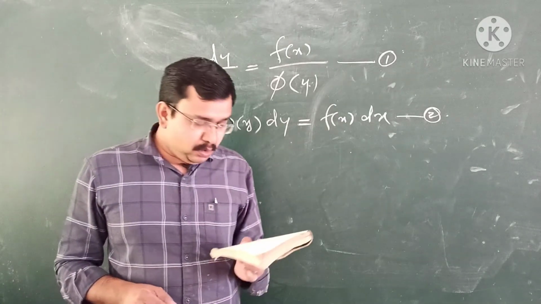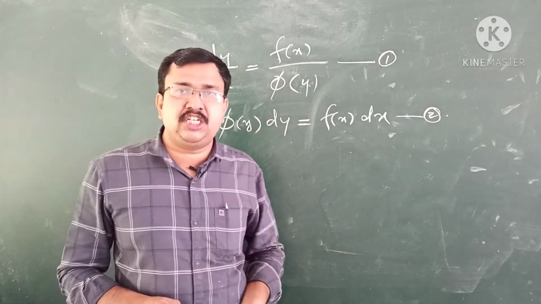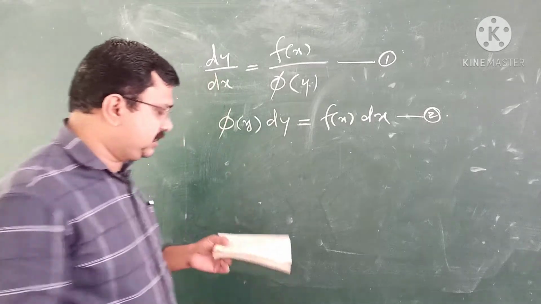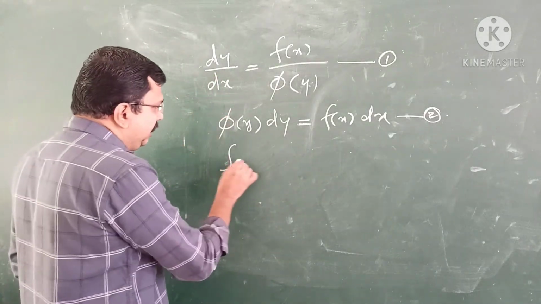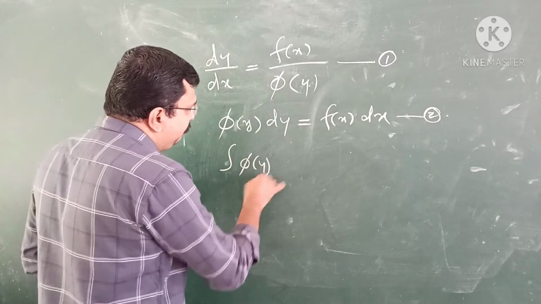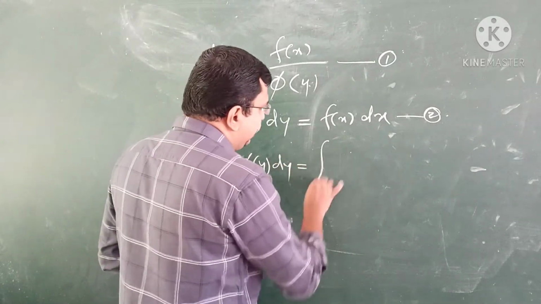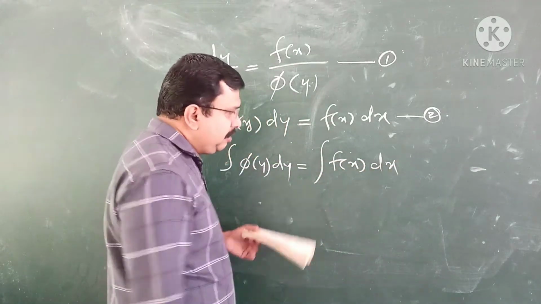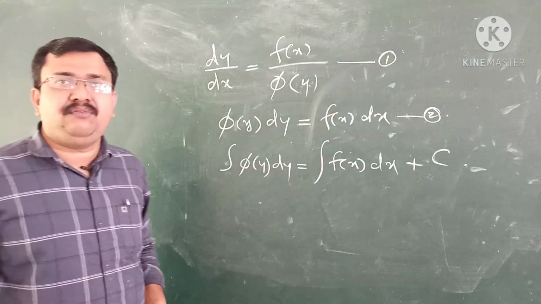Now we integrate both sides: integral of phi of y dy equal to integral of f of x dx plus c, and c is known as the constant of integration.